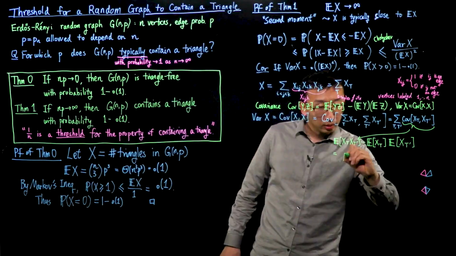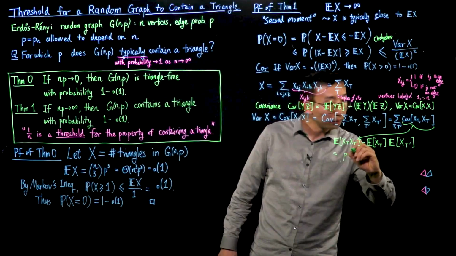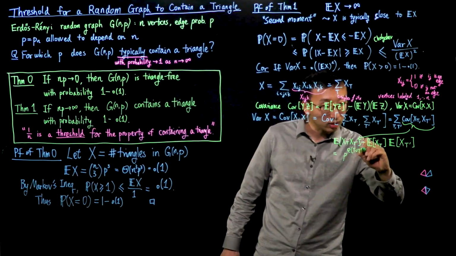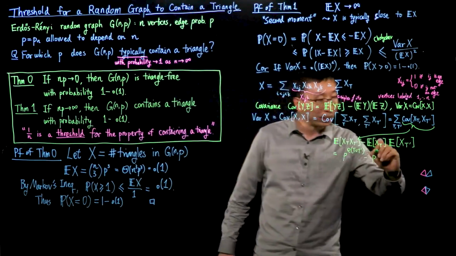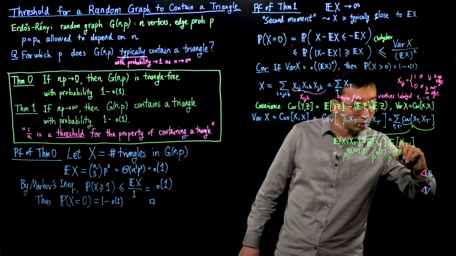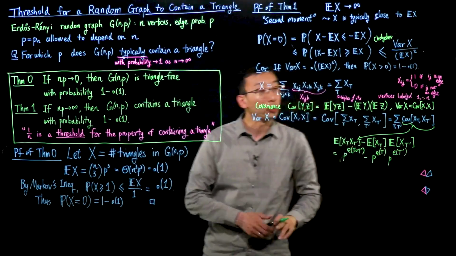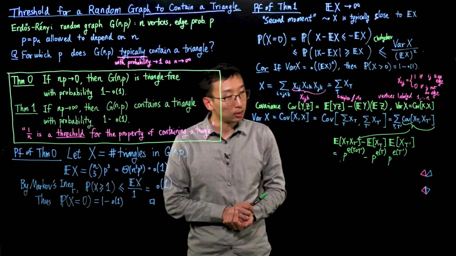And then minus p raised to the number of edges in T, and p raised to the number of edges in T prime. Here, the exponents correspond to the number of edges in the complete graph spanned by these vertices, T and T prime.